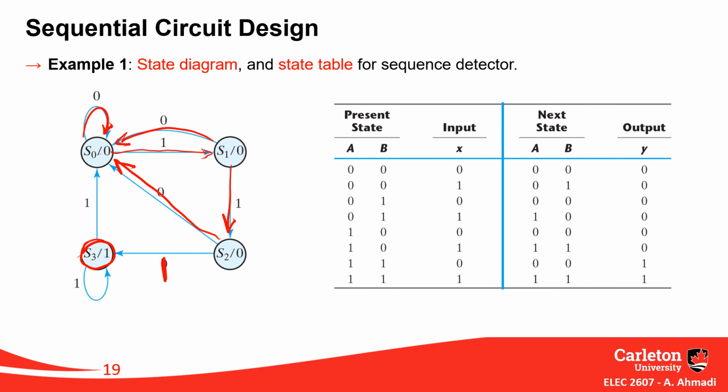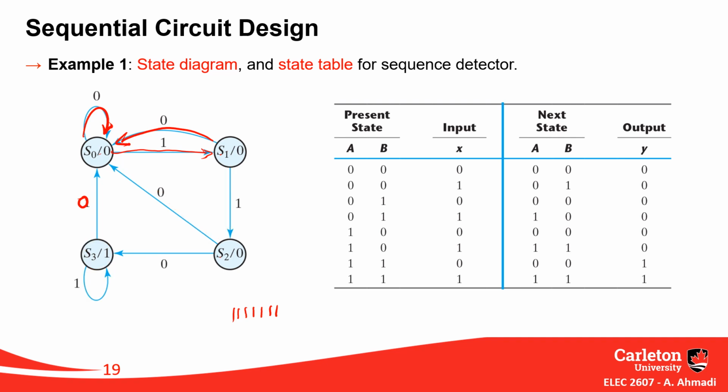One transferred you to S1, another one transferred you to S2, another one transfers you to S3. From now, any extra one you find will give you a longer run of ones. So a new one stays at state S3, but if you have 0, this is also a typo, it should be S0 here, that will transfer you to S0 and start over searching for ones after each other.